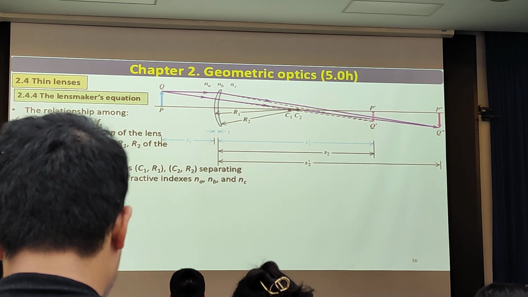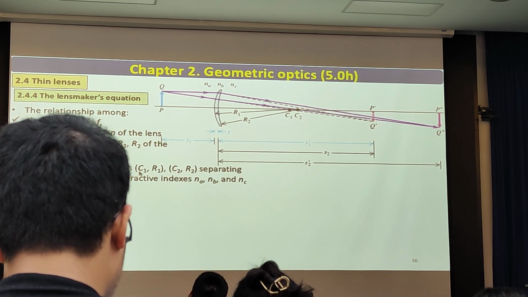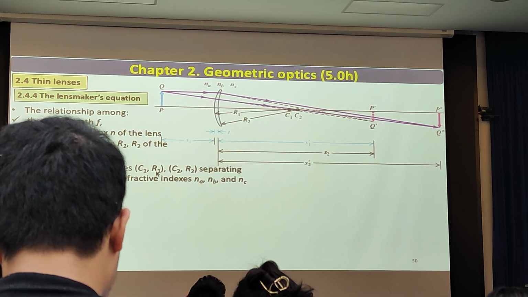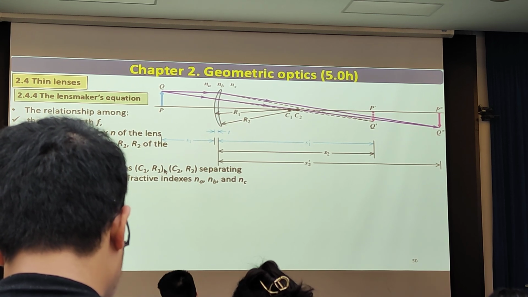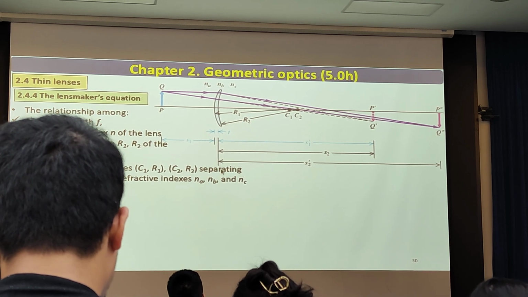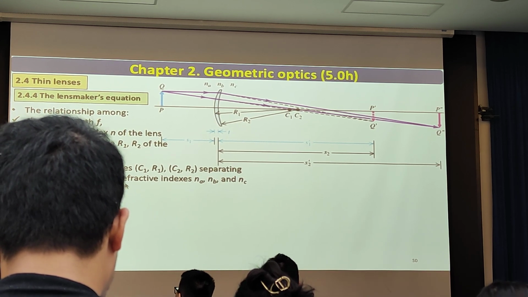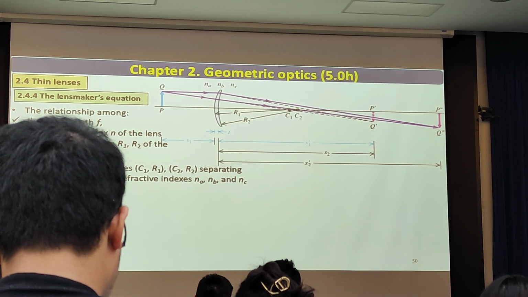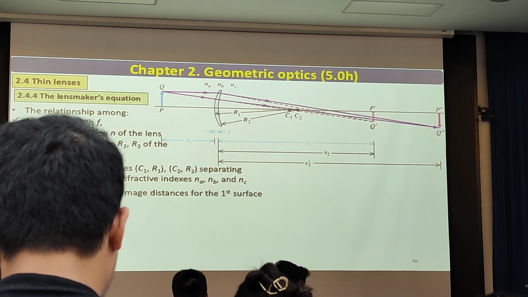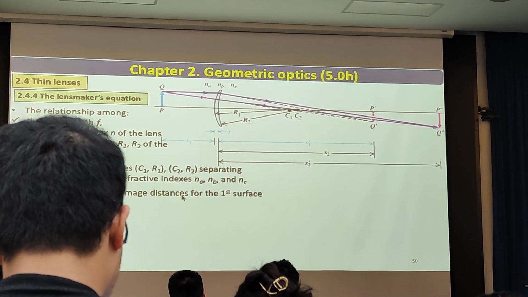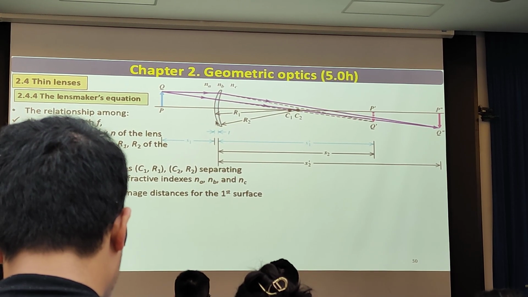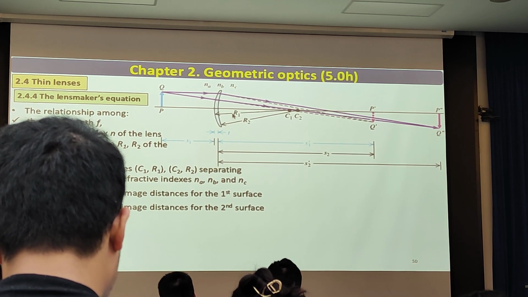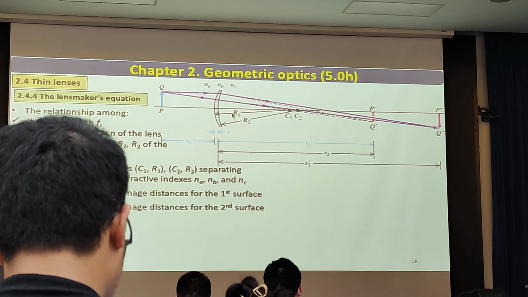So we have two spherical interfaces, C1 with R1, and C2 with R2, separating three materials with refractive indexes Na, Nb, and Nc, as I just described. And S1, S1 prime are the object and image distances for the first surface, S2, S2 prime the object and image distances for the second surface.